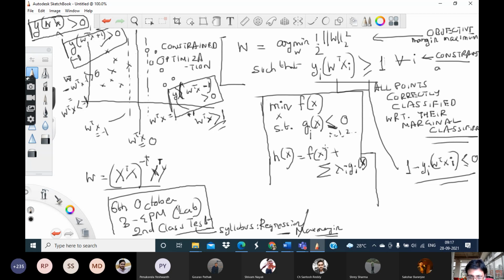So this h(x) takes into account both f(x), the original objective function, plus all the constraints, which I am calling g_i(x). Additionally, we have introduced these new parameters lambda_i. These I call the Lagrange multipliers.